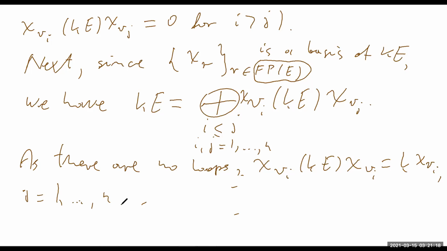But now it's completely clear that we have a natural linear map from our path algebra KE to this algebra of upper triangular matrices, okay? Which is a linear isomorphism. This is obvious by construction.